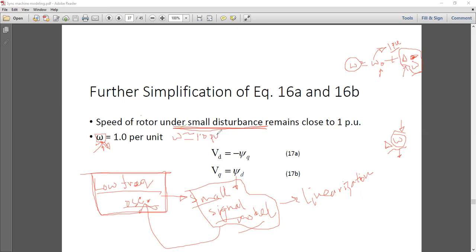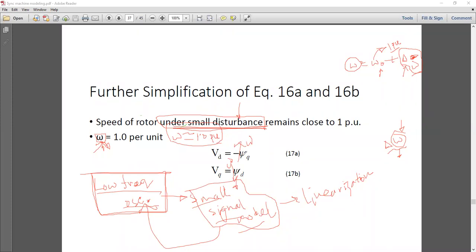But this assumption is only valid for a small disturbance model. It is not valid for a large disturbance model. With this assumption, we again get rid of omega. We had the omega here, and that is assumed to be almost equal to 1.